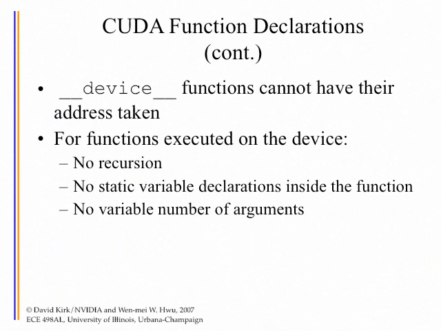So therefore, you cannot use indirect function calls, and by this time, many of you should say that you cannot use recursion either, because recursion gives you an unbounded level of calls that can use up resource in a way that you cannot calculate. Okay? So no recursion, no static variable declarations inside the function.